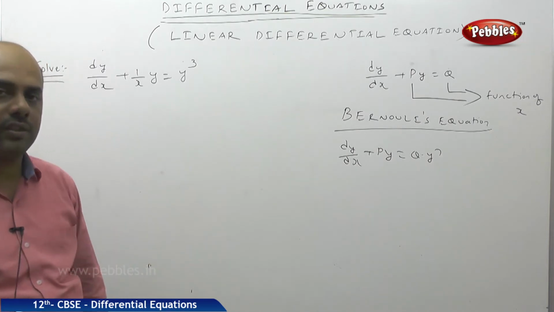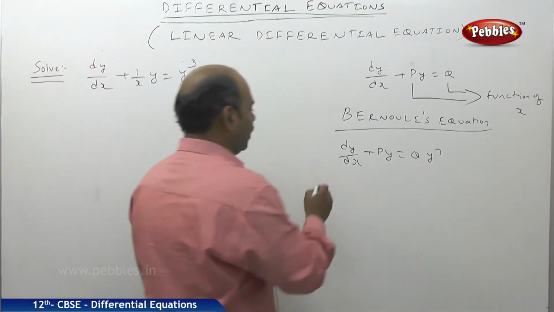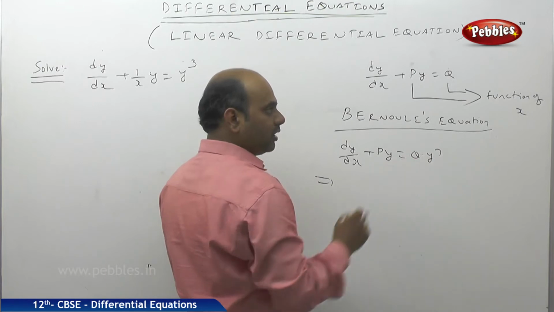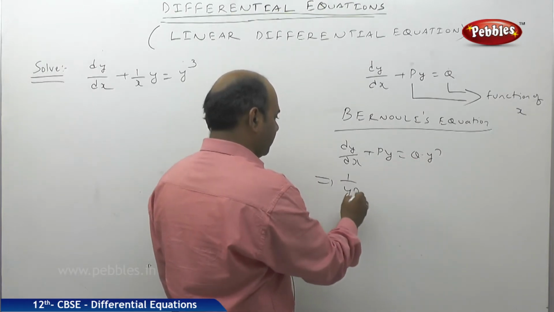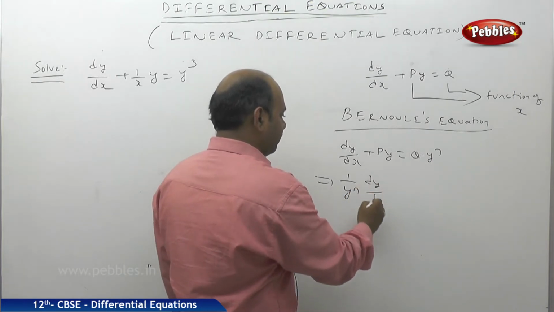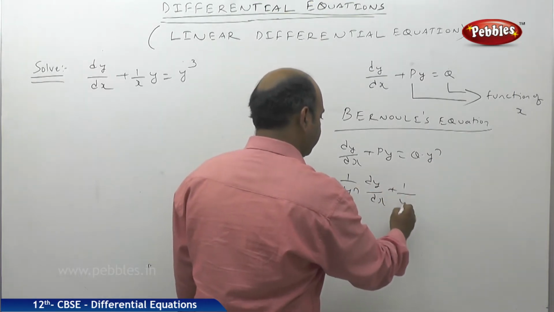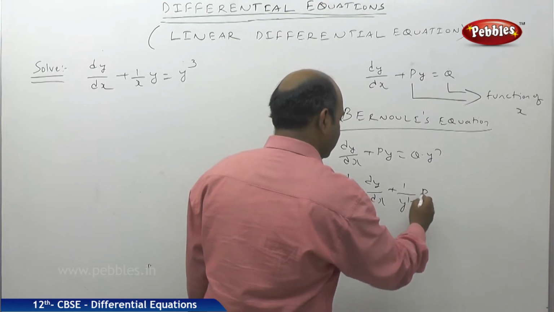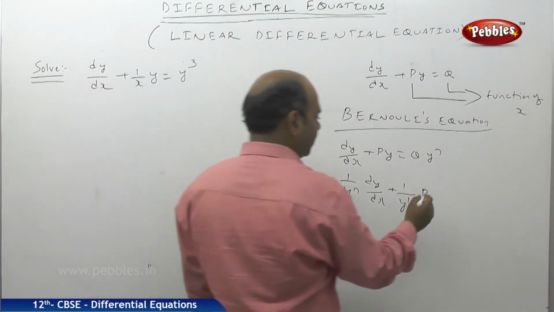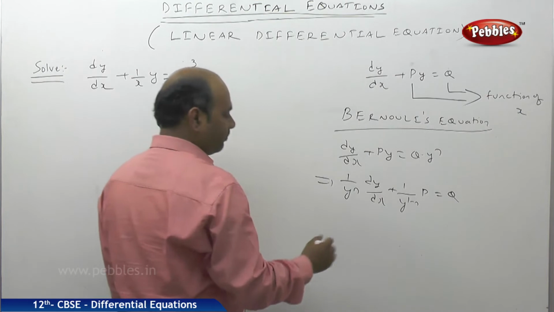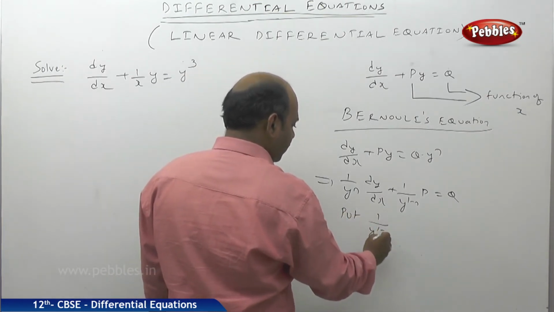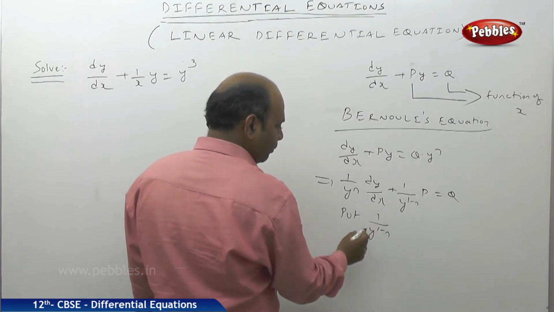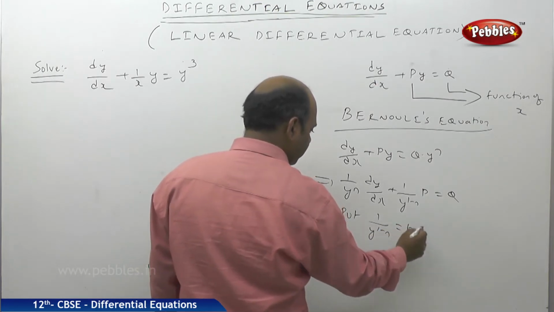So how to solve this Bernoulli's equation: divide throughout the equation by y power n. So 1 by y power n dy by dx becomes, plus 1 by y power 1 minus n into p is equal to q. In these problems there is a rule: we put 1 upon y power 1 minus n is equal to t.